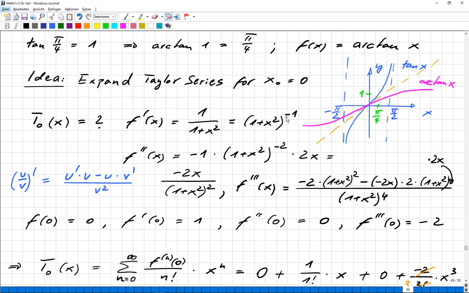Let's proceed. We need the second, the third, and so on derivative. The second derivative will be, by the usual power rule for differentiation, the -1 gets a factor here, and then the exponent is reduced by 1. It gets -2.